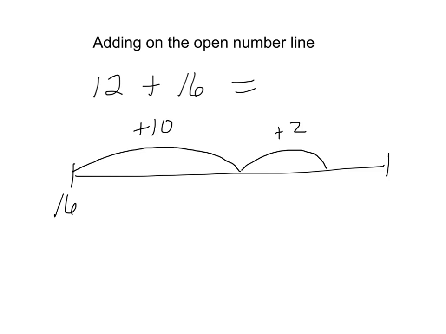So I've decided to take the first jump by adding 10, and that puts me at 26. And then a smaller jump puts me at 28. This is adding on the open number line. I decompose the number 12 into 10 and 2, and then I made the appropriate jumps.